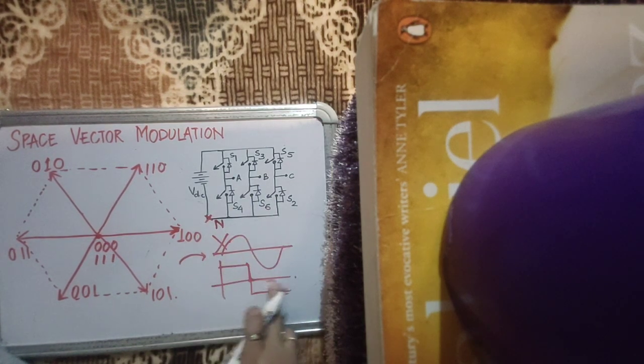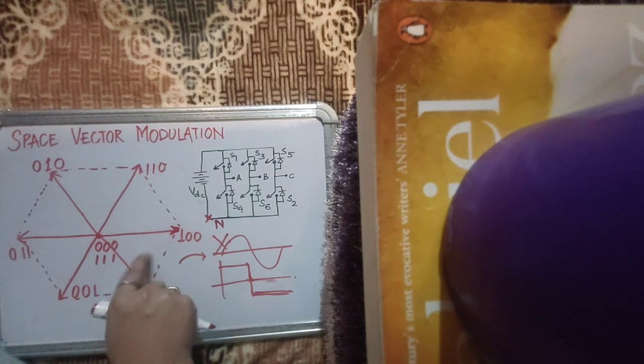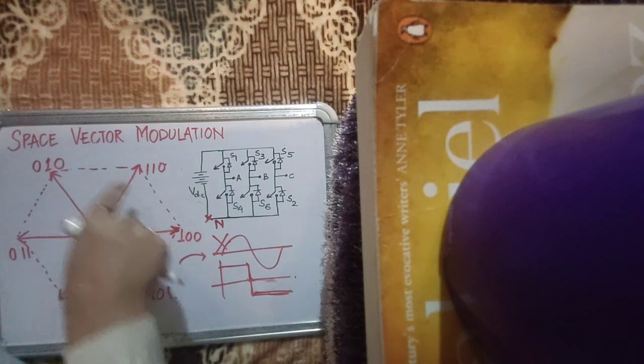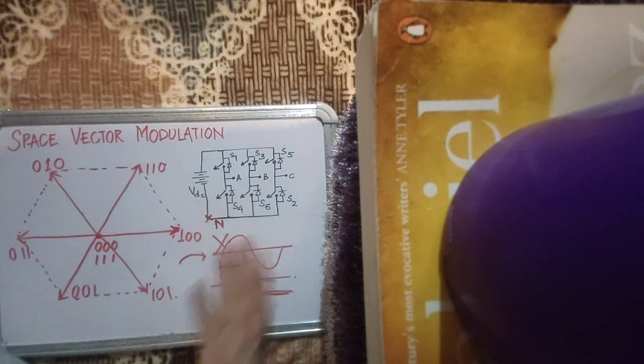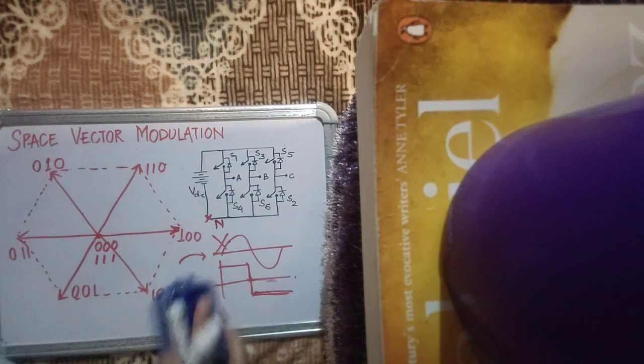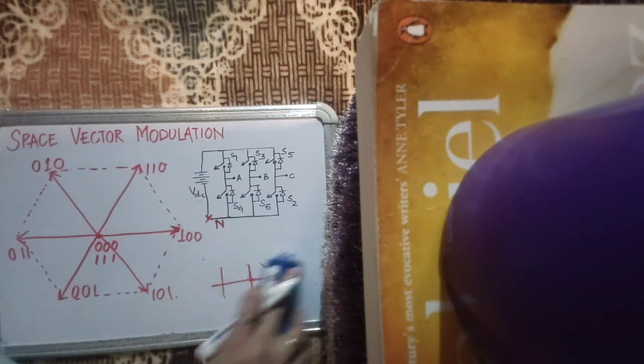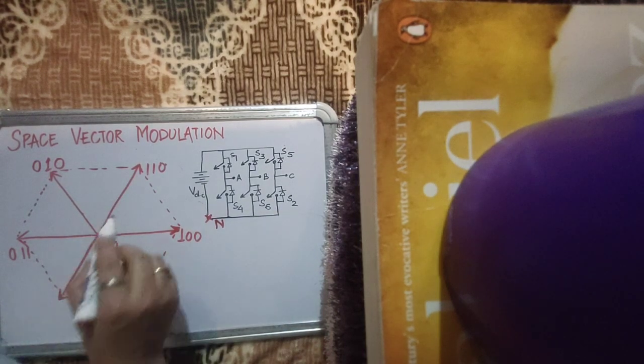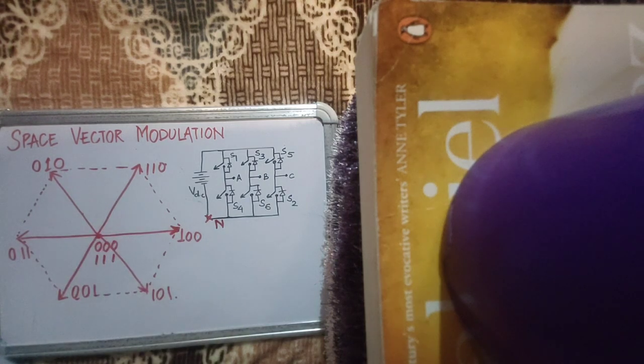If you're talking about the pole voltages, it is going to transform into a square wave signal. And this hexagon actually represents that there will be harmonics in your supply if you simply go on conventionally modulating the converter. But it is very much possible to emulate a circle within this hexagon.